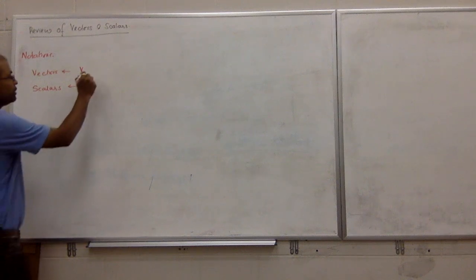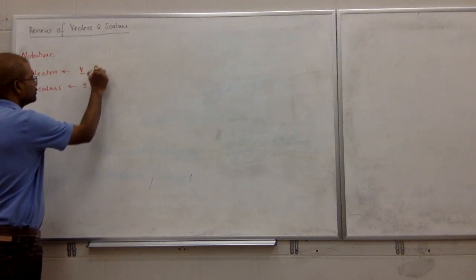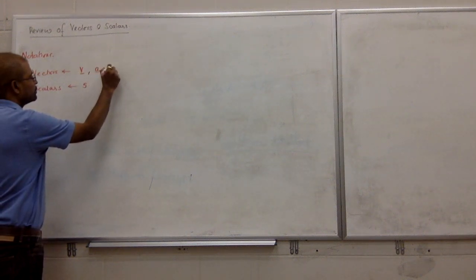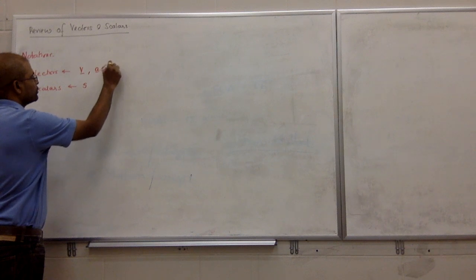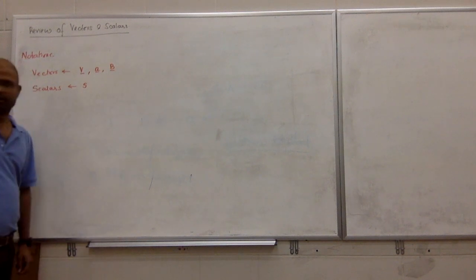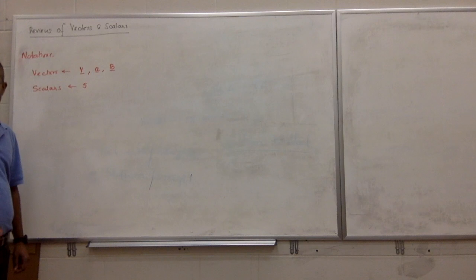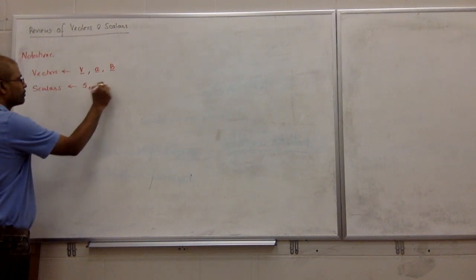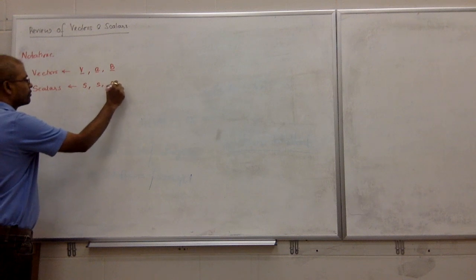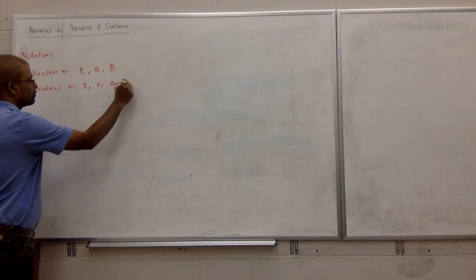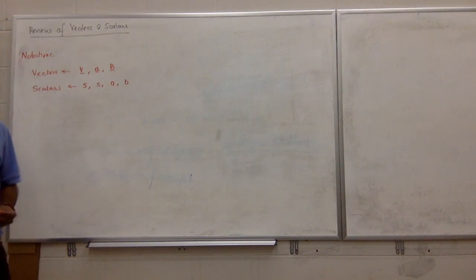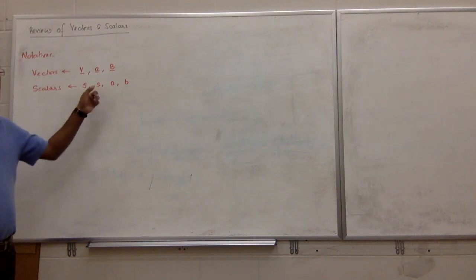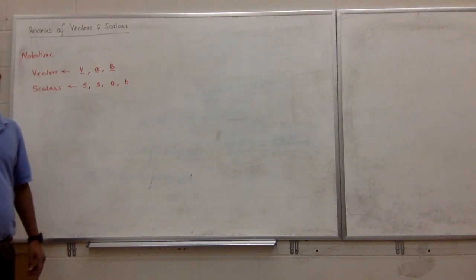So here V, A, these are all vectors. Got it? Without a underline, that would be a scalar. Okay.